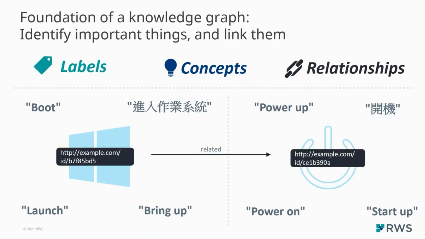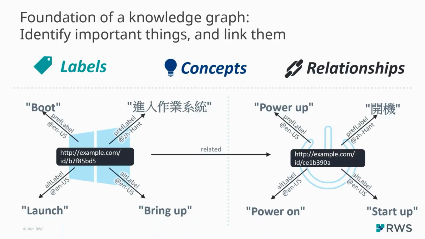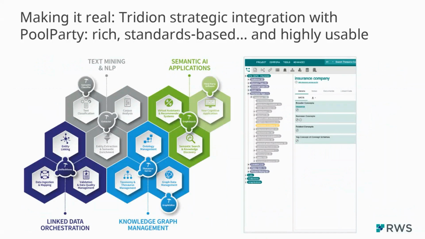So I can understand that boot is in some way related to power up. And even these labels, technically, are defined by relationships to that core concept. A very powerful thing. Andreas will talk more about this later, so I'm not going to overdwell on this point. But those three things, the labels, the concepts, the relationships, are the real ingredients of a knowledge model, which is your foundation for building a knowledge graph to improve your customer experience.